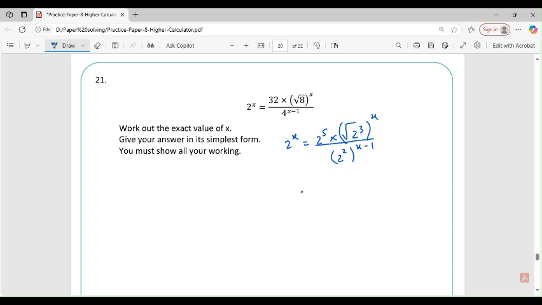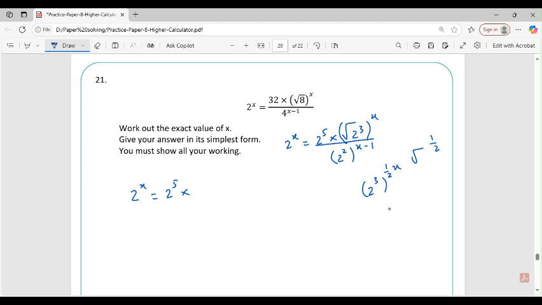Now the next step we are going to take is that 2 power x is going to be equal to 2 to the power 5. But before we go ahead, we should know how much this is equal to. We know very well that this is equal to 1 over 2. So I can easily write 2 cube to the power 1 over 2 and multiply by x.